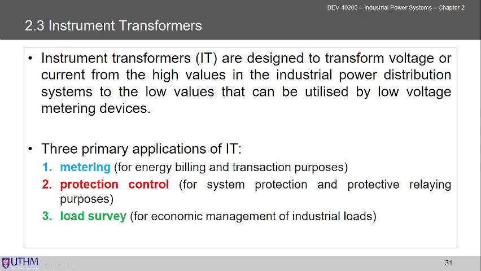Another purpose of the instrument transformer is in the load survey, where we need to understand the conditions of our plants, then we use the instrument transformer to step down the voltage or current.